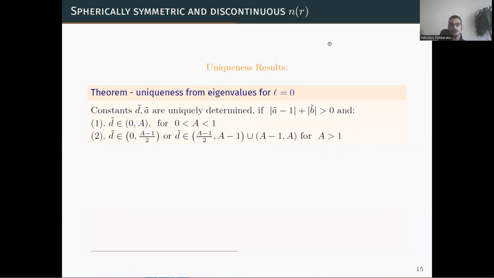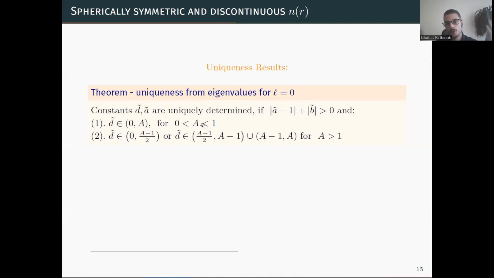Now, moving to the inverse problem, we derived the following uniqueness results. Firstly, we looked only at the spherically symmetric eigenfunctions of order 0, and the best we could get was the following theorem, which says that under the knowledge of this subsequence of eigenvalues, the constants d tilde and A tilde, which are the transformed discontinuity and the transformed jump, can be uniquely determined in two cases.